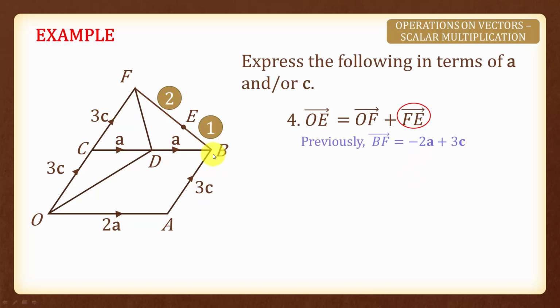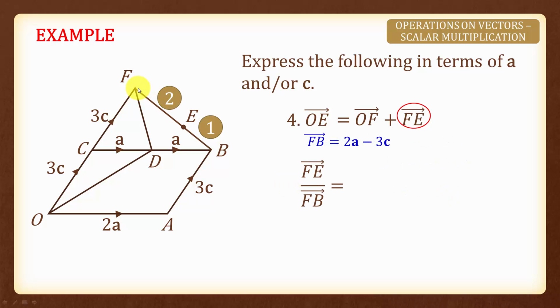Just to recall, previously we have already found vector BF to be negative 2a plus 3c. So how do we find vector FE? If vector BF is negative 2a plus 3c, then vector FB will be the negative of these vectors, which will give us 2a minus 3c.